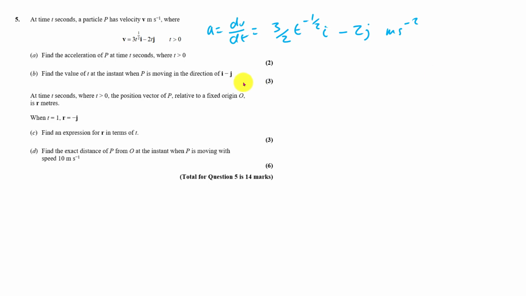B, find the values of t at that instance when p is moving in the direction of i minus j. So like what we did before, I'm just going to change colours. Let's go to purple. So we have, if p is moving, we're still going to use v equals 3t to the half i minus 2t j, right?